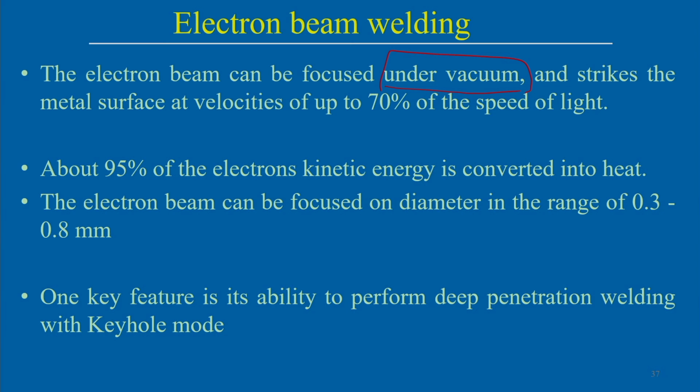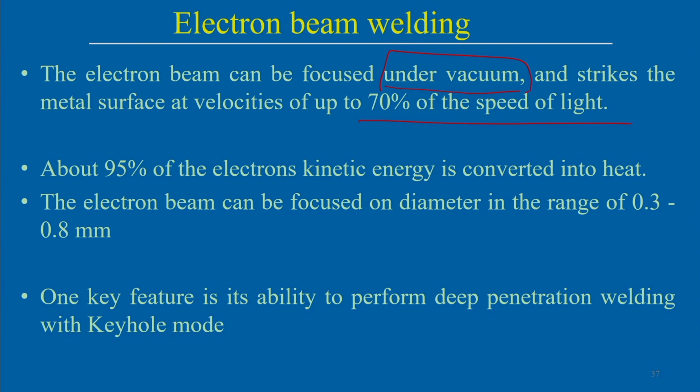But the only difference from laser welding is that electron beam welding is done under vacuum, so that the flow of the electron beam is not affected, and it strikes the metal surface at a velocity up to 70% of the speed of light. Since it strikes the surface at very high velocity, it can penetrate to a very high depth as compared to the laser welding process.